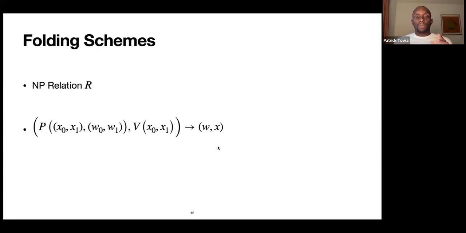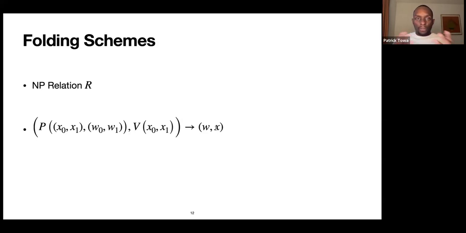The goal is to reduce proving the satisfiability of two instances to just one. So at the end of the interaction, the verifier gets only one instance, and the prover has a witness for this one instance, if indeed the first two witnesses for each of the instances that is given are valid.